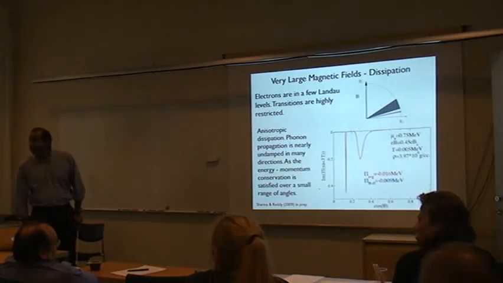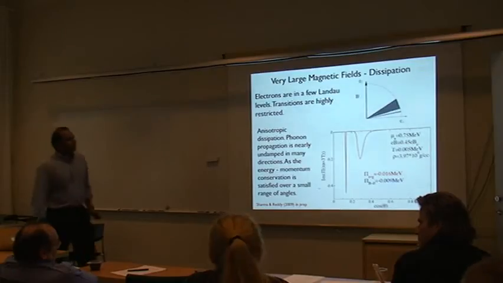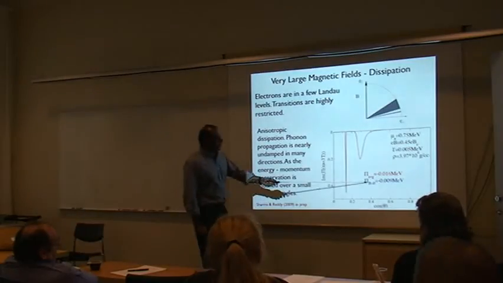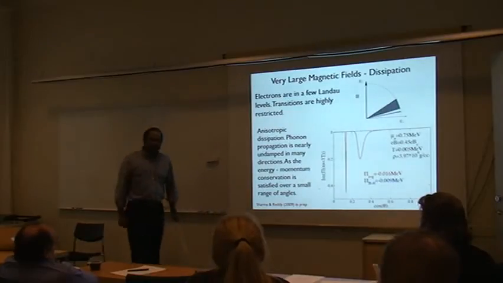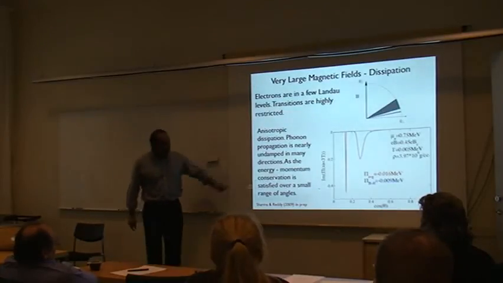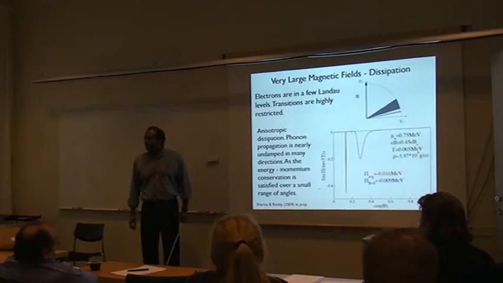Sorry, and how did you calculate the polarization function? For the electron gas in a magnetic field, the imaginary part of this, we calculated just using the propagators for electrons in large magnetic fields.